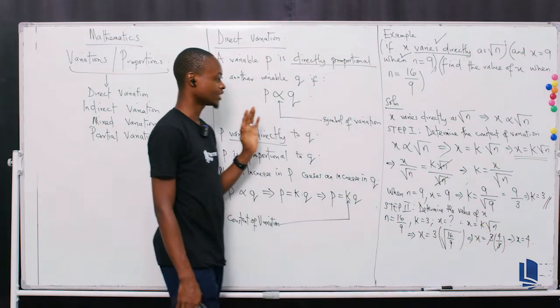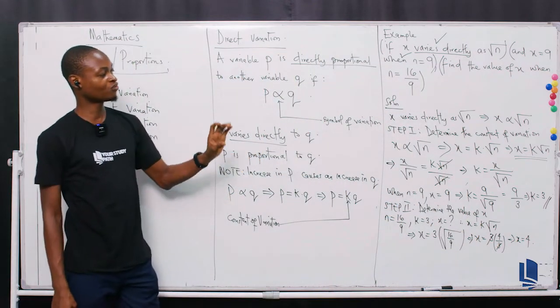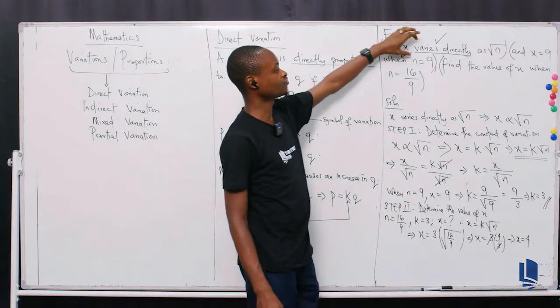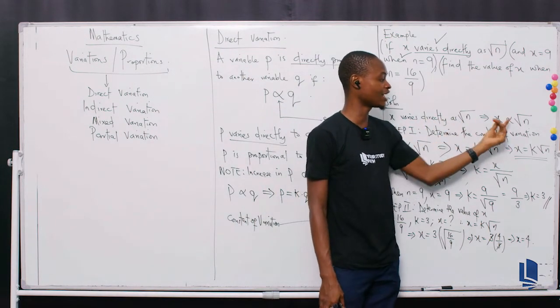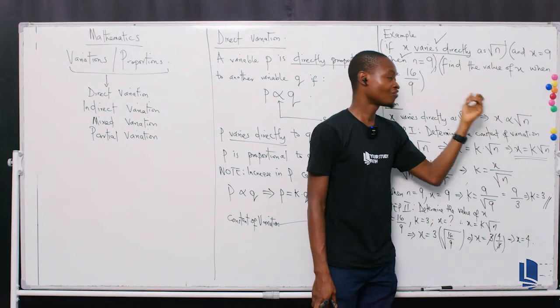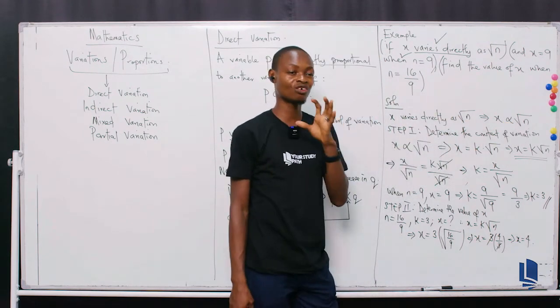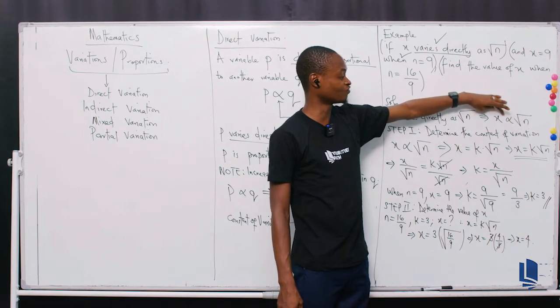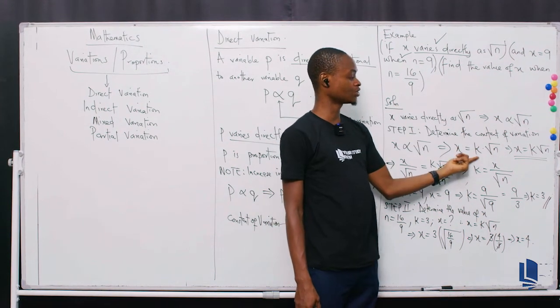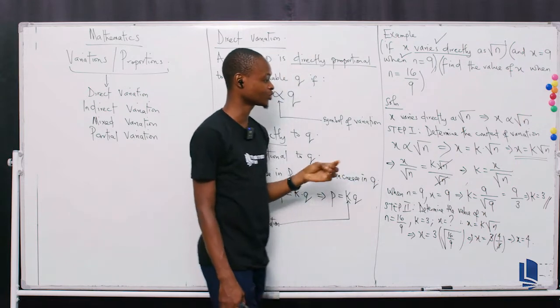The process again. First off, we translate the variation statement. x varying directly as the square root of n means this. From here, we determine the constant of variation by turning this symbol of variation into the constant of variation.